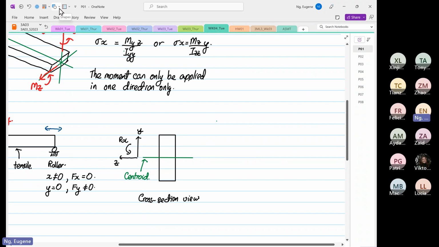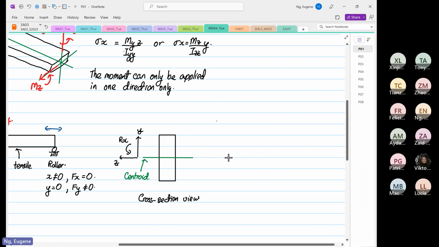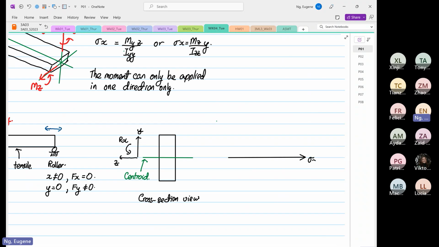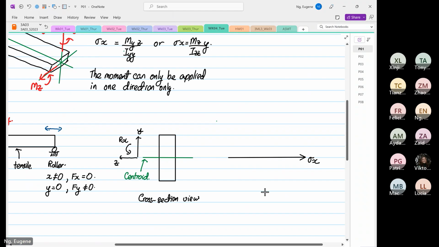Okay, so if I'm going to now have one axis over here, this is our normal stress in the x direction. And I'm going to draw a vertical axis. So this is y, right?